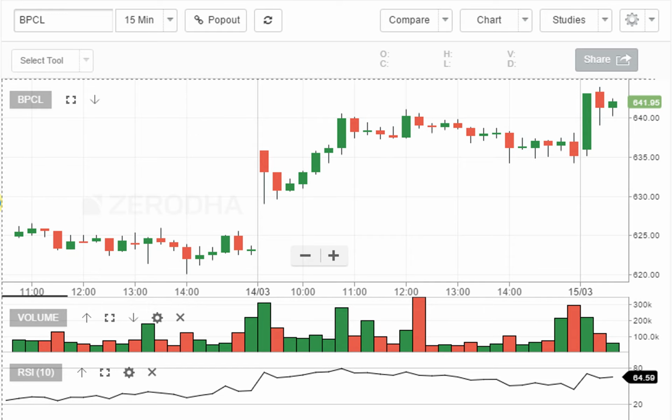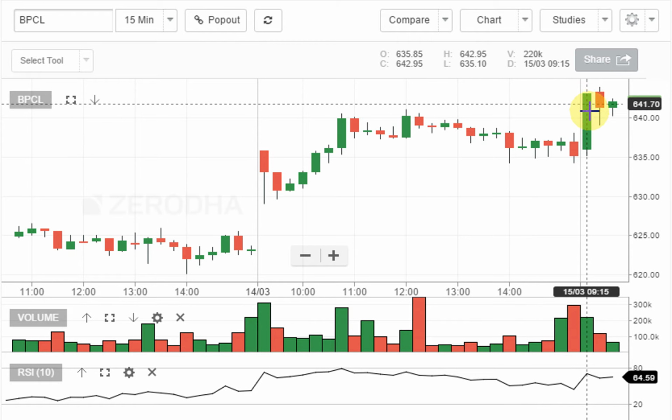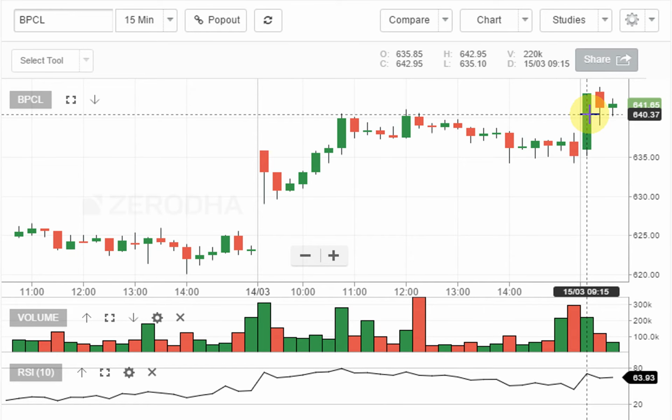So we'll be waiting for 643 levels, because these are the top levels made today. As soon as the stock breaks today's high, there will be a very strong uptrend coming very soon in this particular stock. So we'll just wait for that.